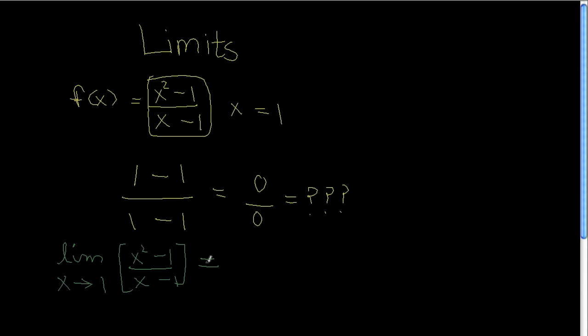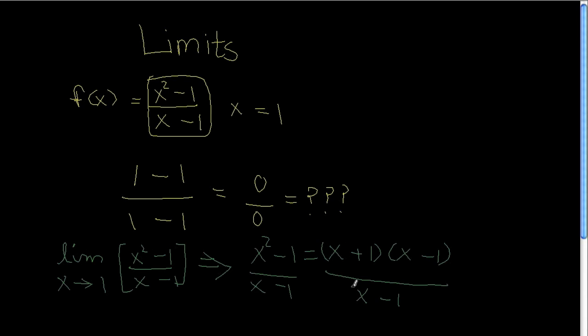So that will be equal to, now I'll tell you how to evaluate it. We know that we can factorize x squared minus 1 as x plus 1 times x minus 1. So x squared minus 1 over x minus 1 will be equal to x plus 1 times x minus 1 over x minus 1.